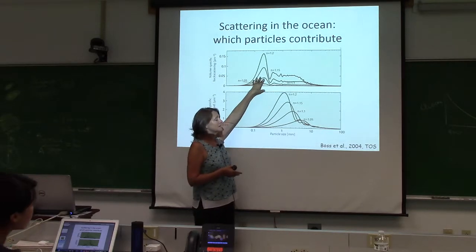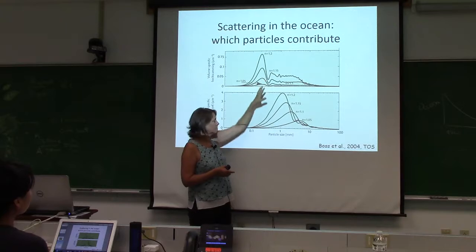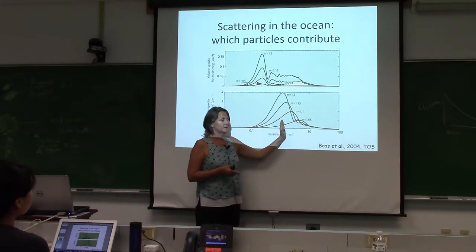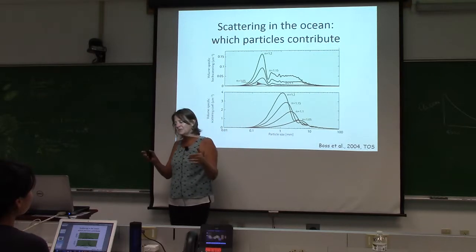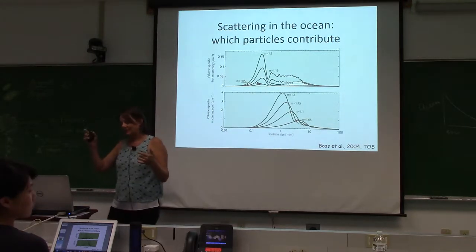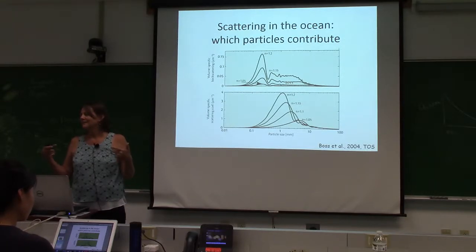But I think what you can take from this is that small particles dominate the backscattering, and larger particles dominate the total scattering coefficients. So if you have side-by-side measurements of backscattering and total scattering, you're sensitive to different constituents of the particles.